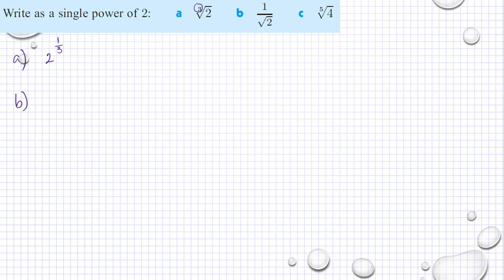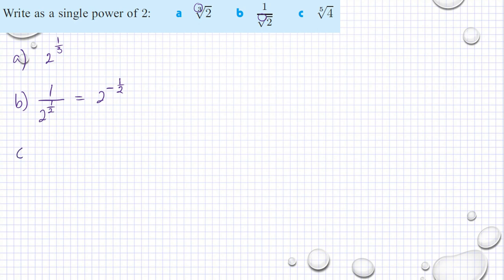And B, we have 1 over the square root of 2, which is 1 over 2 raised to 1/2. If they don't write what your root is there, it is always 2, or the square root. Then we have 2 raised to negative 1/2 according to the law of exponents.